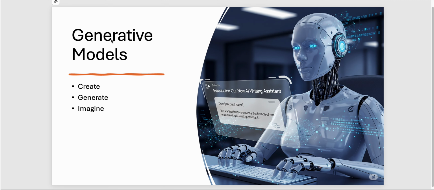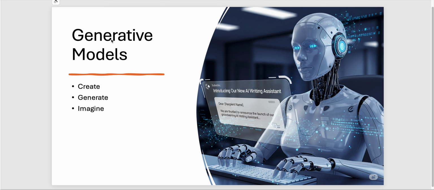So, let's go with generative models. So, what is a generative model? Generative models are very different. Instead of just classifying, they actually learn the patterns in the data and can produce new data. Example, instead of labeling an email as spam, a generative model could actually write a new email from scratch.